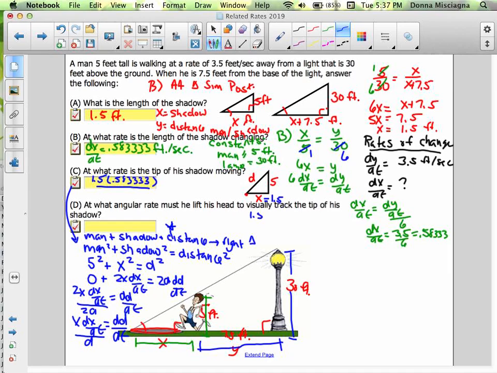So 1.5 squared plus 5 squared equals d squared. If this was 15, it'd be 225, so this is going to be 2.25, plus 25 equals d squared. So d is going to be the square root of 27.25. The square root of 27.25 is going to give us 5.220.